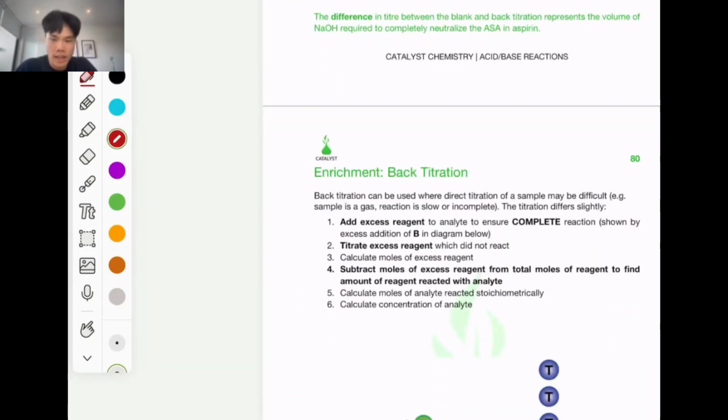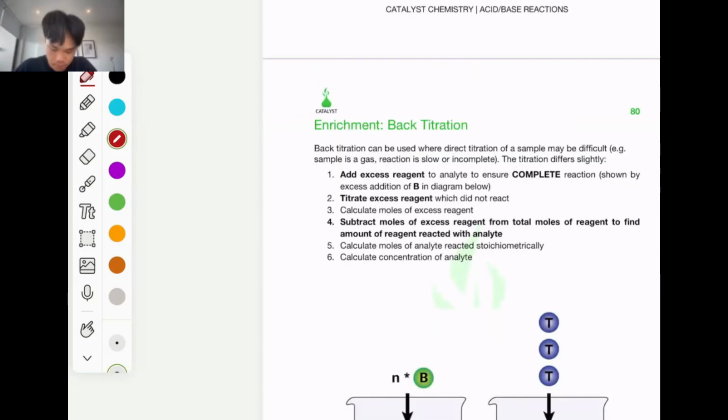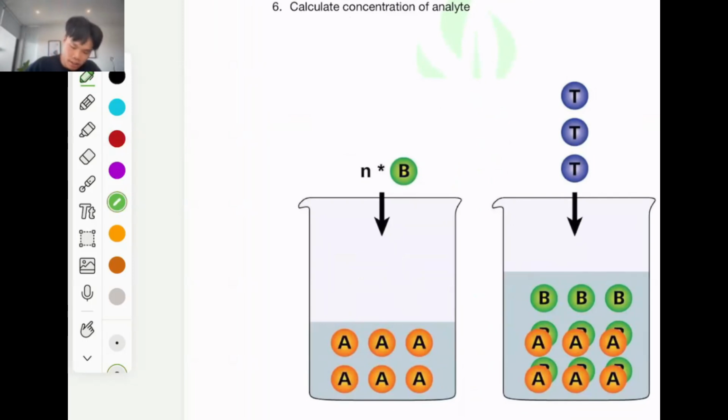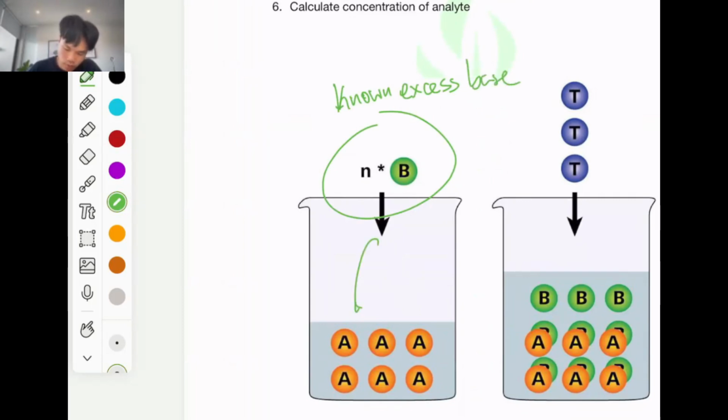To quickly outline the back titration method, I think this diagram really helps you to visualize it. You're adding a known excess amount of base into an unknown amount of acid.